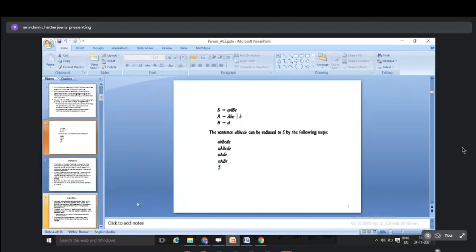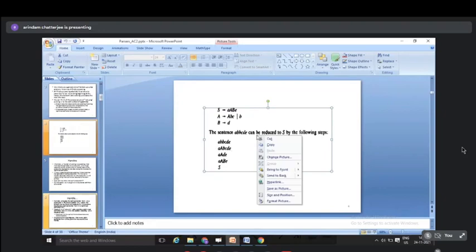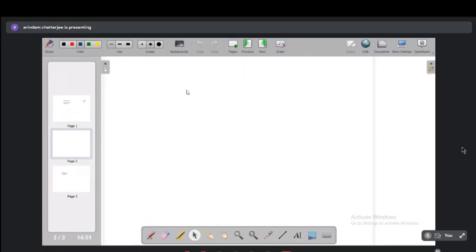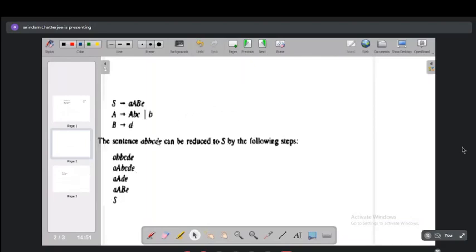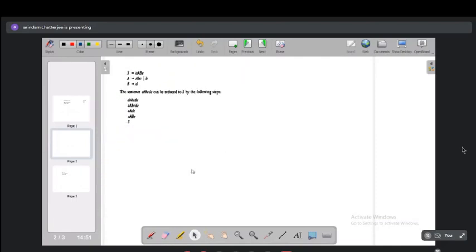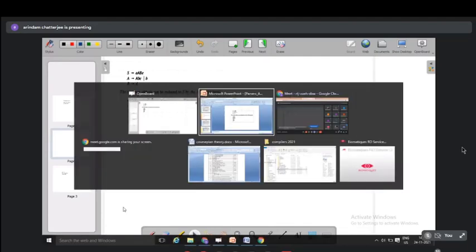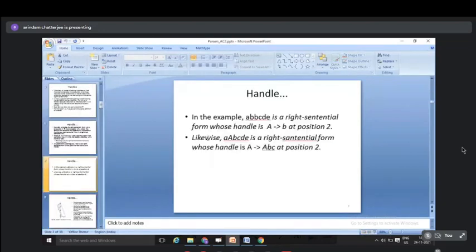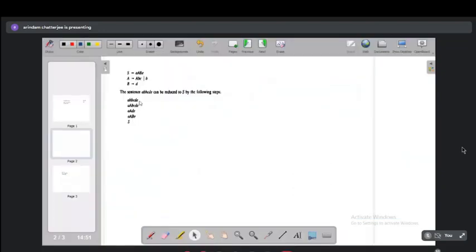So if you look at this example, this abbcde is a right sentential form, and we are trying to trace out the rightmost derivation in reverse.